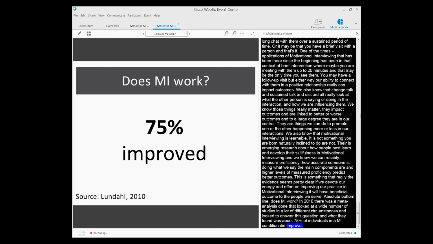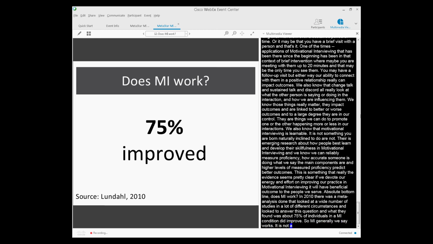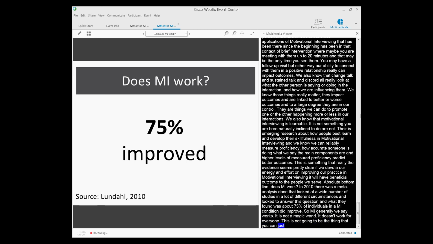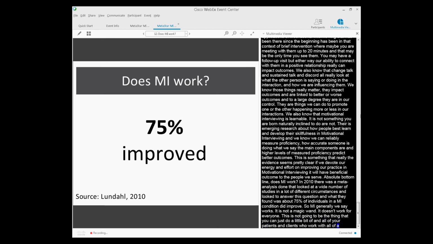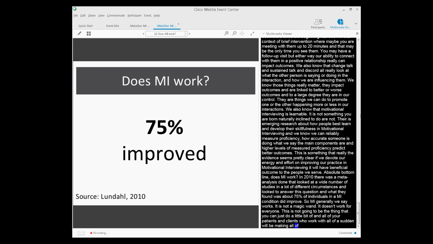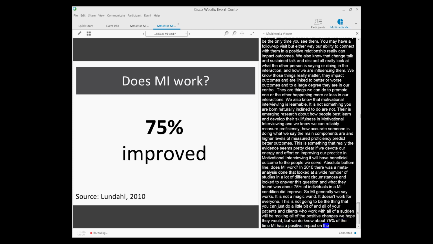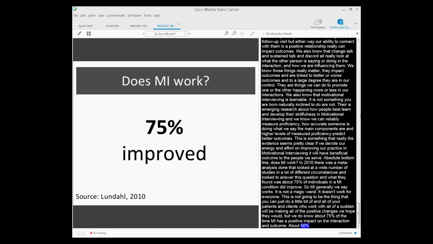This isn't going to be the thing where you can just do a little MI and all the patients and clients that you work with all of a sudden will be making all the positive changes we hope they would. But we do know that about 75% of the time, MI has a positive impact on the interaction and the outcomes. Now, about 50% of that was very modest, but still statistically significant improvement.